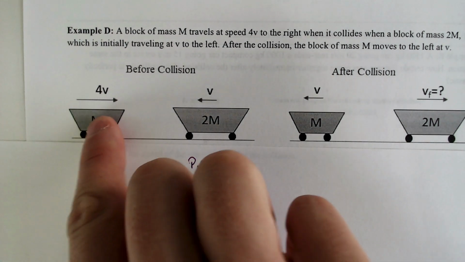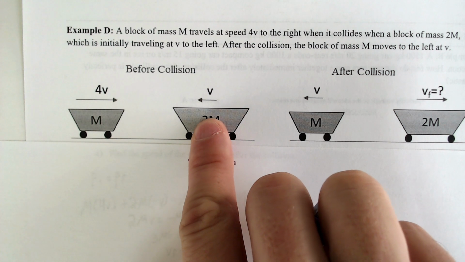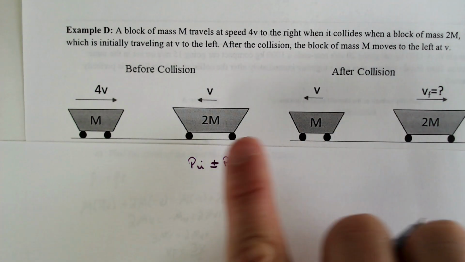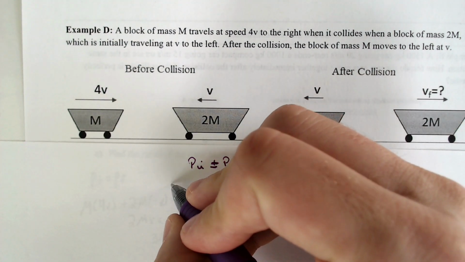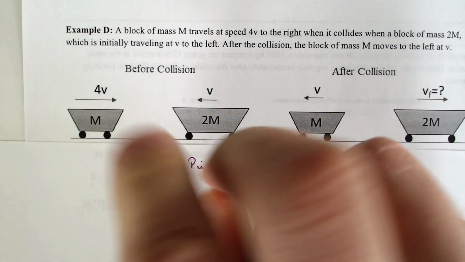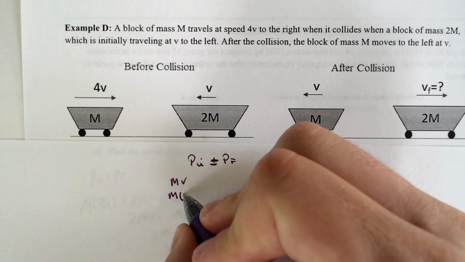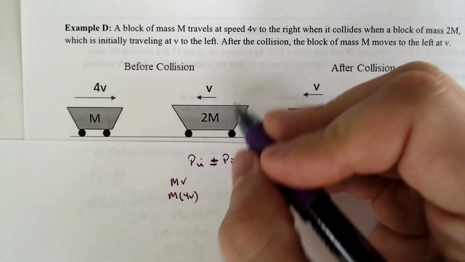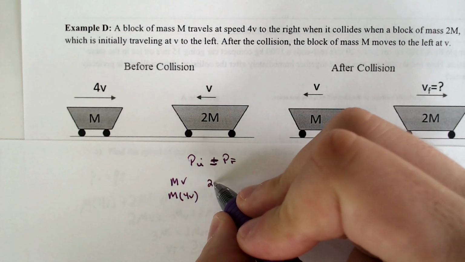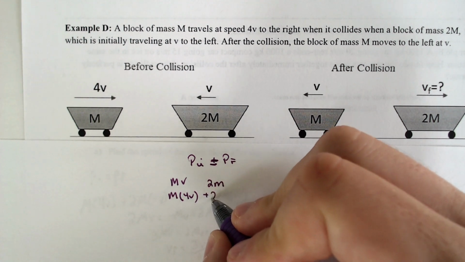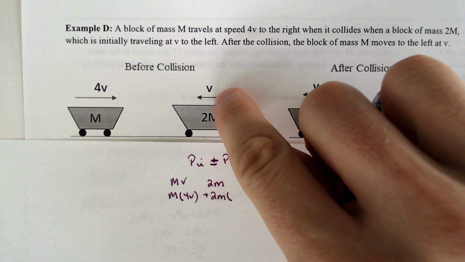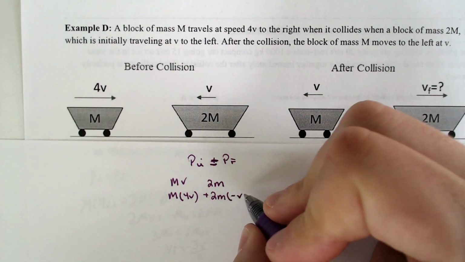Initially, you had these two blocks moving towards each other, and now they're moving away from each other. So the first one would be mass times velocity, m times 4v, and then the second one would be 2m, and it's going to the left by v, so it would be negative v.